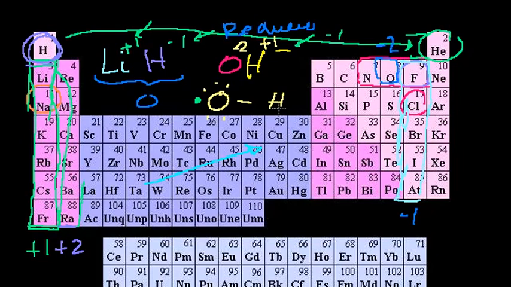And then there are a lot of other elements in between that can have multiple different oxidation states, and we'll see that in a lot of examples. But if you know that hydrogen is +1 or -1, +1 if it's bonding with these guys, where it gives away electrons, and -1 if it bonds with these guys, where it takes the electrons, if you know oxygen tends to take 2 electrons, so it has a -2 oxidation state, and the halogens take 1, you can normally figure out all of the other elements in the compound.